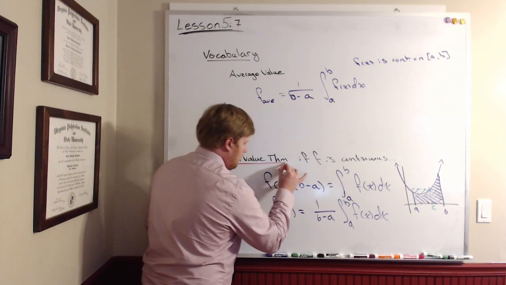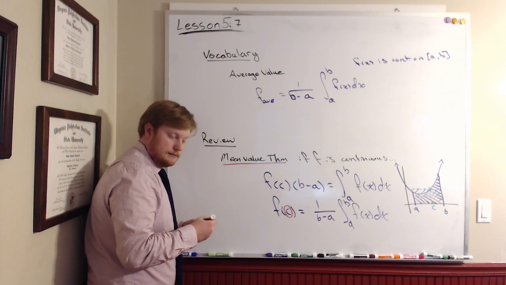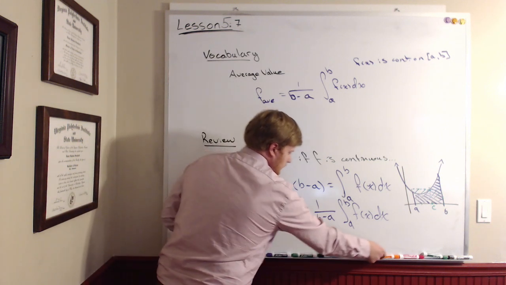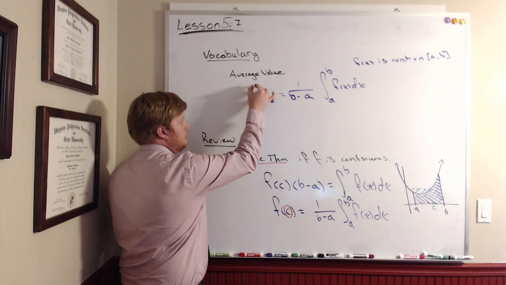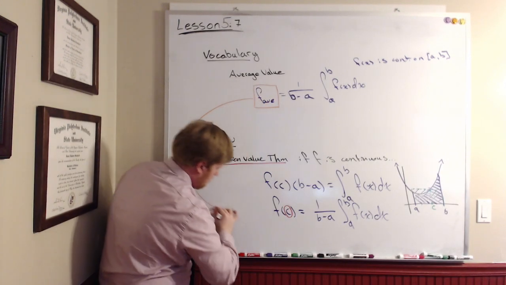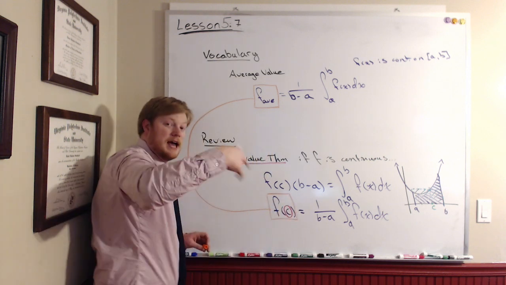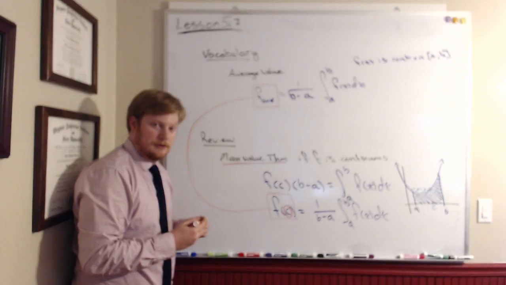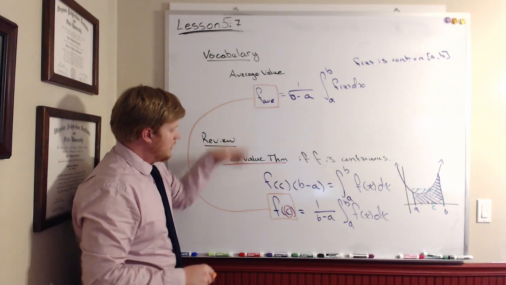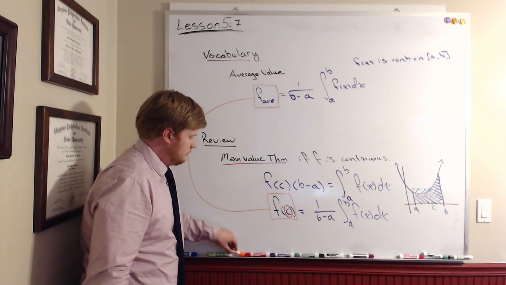Mean value theorem guarantees the existence of a c. The average value is the f of c in the mean value theorem.